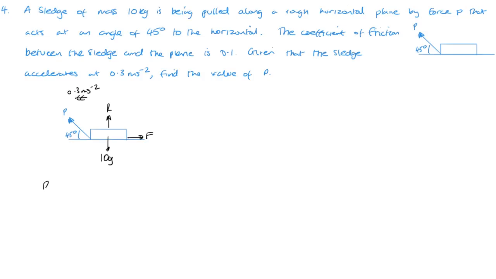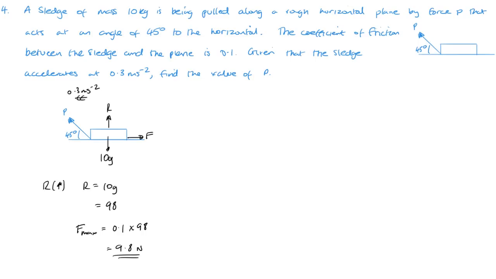So first of all, I want to resolve vertically. So R equals 10g or 98. And F max is mu, 0.1 times 98. So 9.8 newtons.